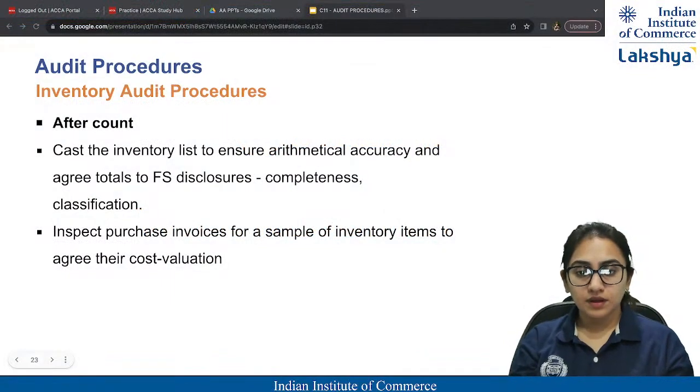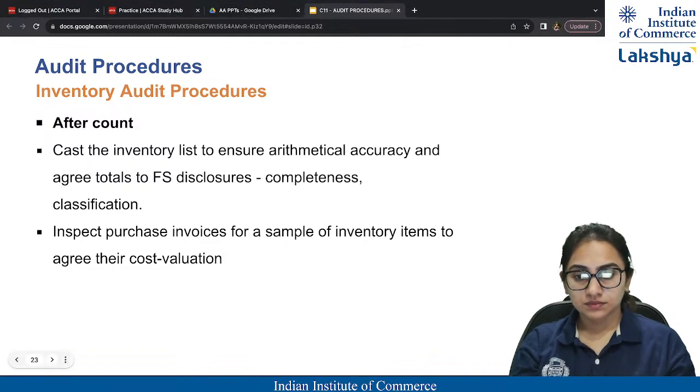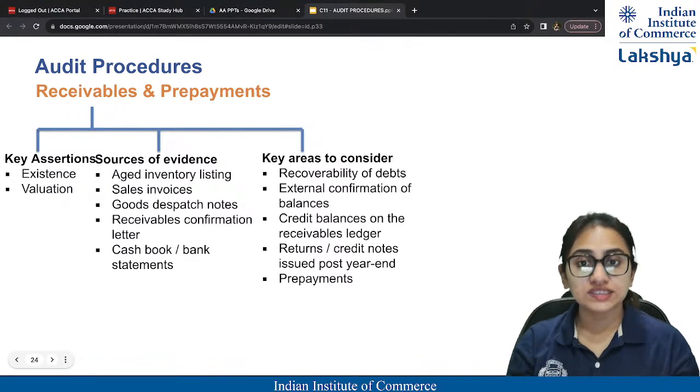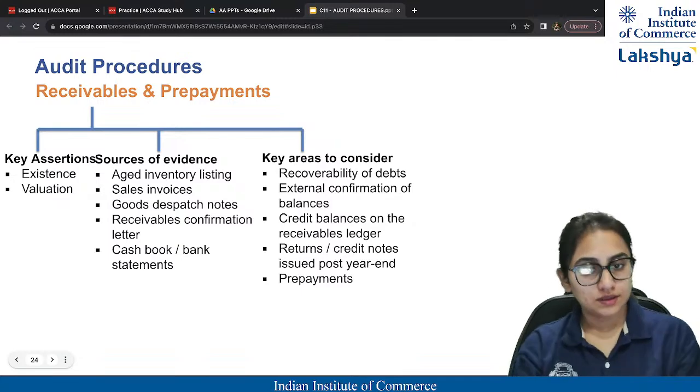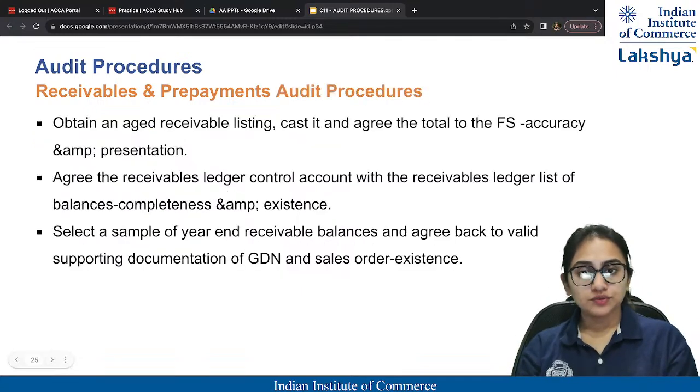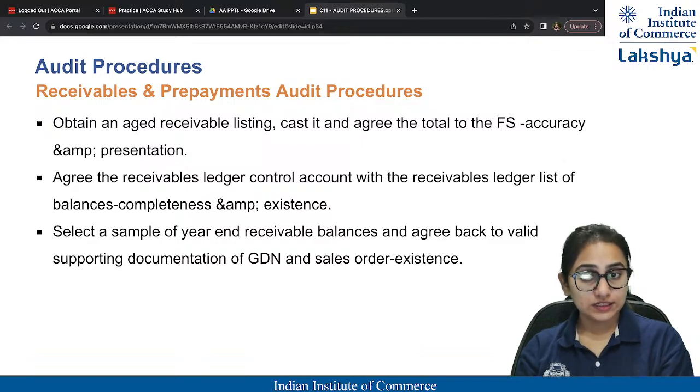Okay, so the after count thing is done. Next we have receivables and prepayments. So what you will do is obtain an aged receivable listing, that is all the old receivables listing, cast it and agree the total to the financial statements to make sure that the items are accurate.